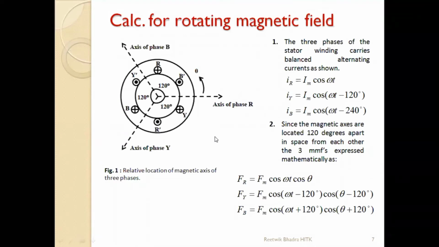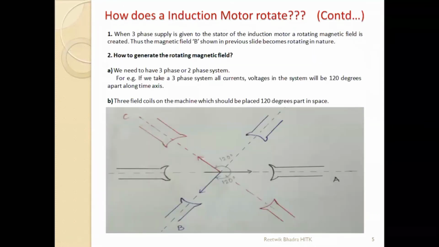Now, I'm going to the previous figure for you to understand in a better way. What we are giving is a 3-phase supply to this A magnet, B magnet, C magnet. So 3 currents will be produced over here. 3 currents we are supplying. One to A is I at an angle 0, to B is I at an angle minus 120, and this is I at an angle minus 240 or plus 120.